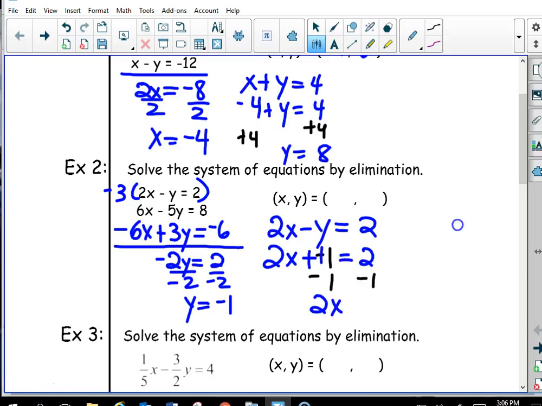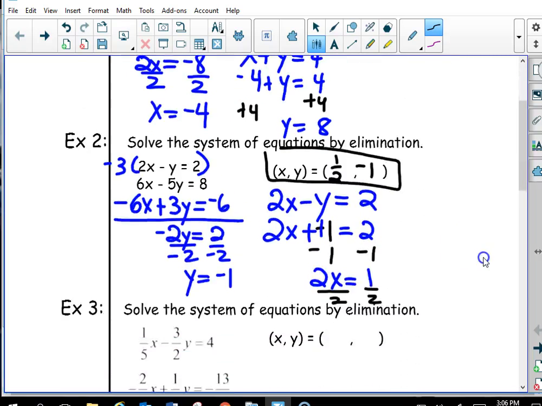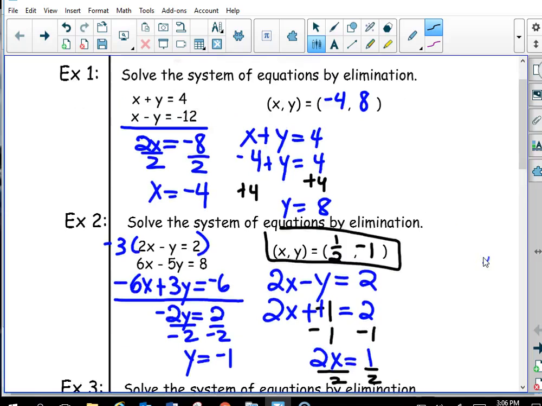So I get 2x equals 1. So my two answers are x is 1/2 and y is negative 1. I'll make sure I wrote down the answer on the first one.